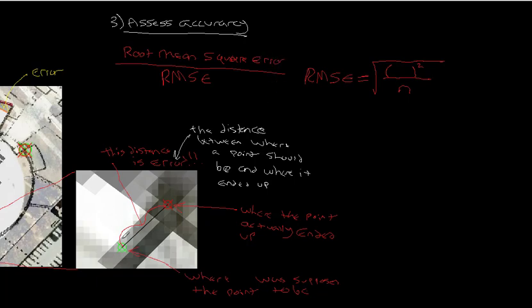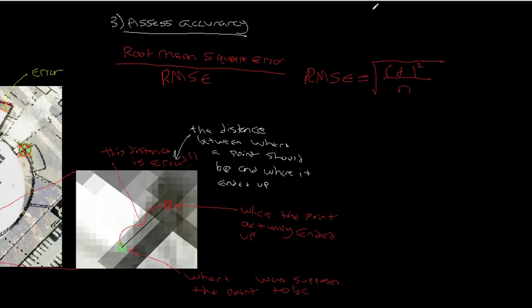Well, what is the error? The error is just the distance between where the point should be and where the point ended up. And we call this distance d. So let's go ahead and break apart the two pieces in here that aren't mathematical symbols, because most of this is just mathematical symbols.